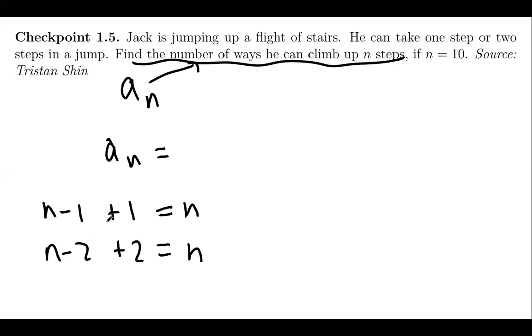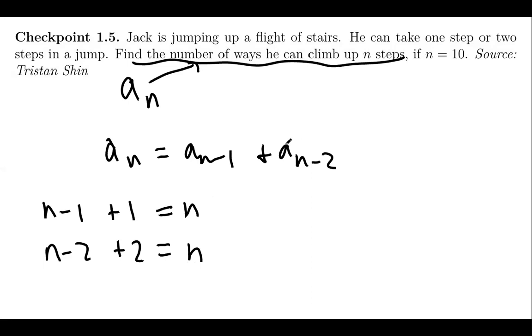So there are a_(n-1) ways to get to the (n-1)th step, and we can just add a 1 step. So that is a way to get to the nth step as well. And then same for the number of ways to get to the (n-2)th step. Once we get there, we take a 2-step jump and get to the nth step.